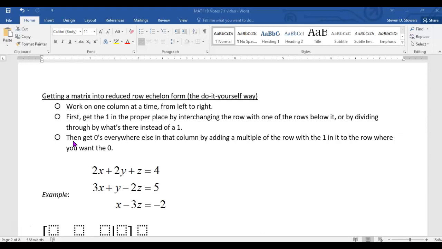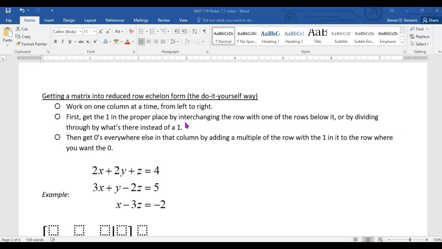Work on one column at a time from left to right. As you're working on a column, first focus on getting the 1 in the proper place, either by interchanging one row with one of the rows below it, or by dividing through by what's there instead of a 1. Then get zeros everywhere else in that column by adding a multiple of the row with the 1 in it to the row where you want the 0.